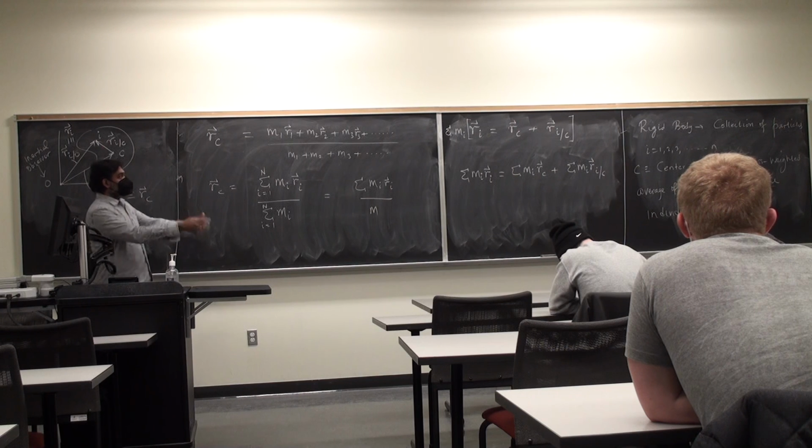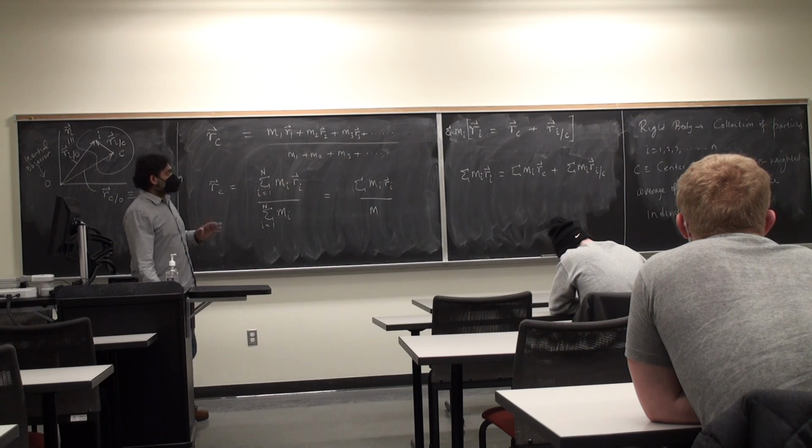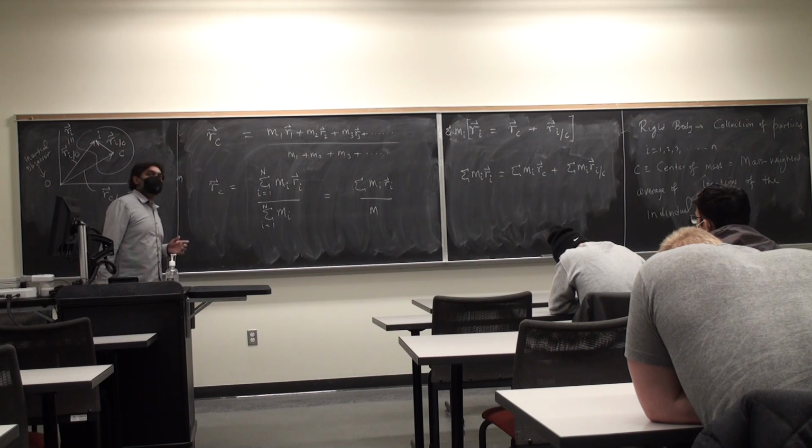First I took mass Mi, multiplied it through both the sides, then I take the summation for each of these things. I do it for n number of masses, and I take the sum of all of these.